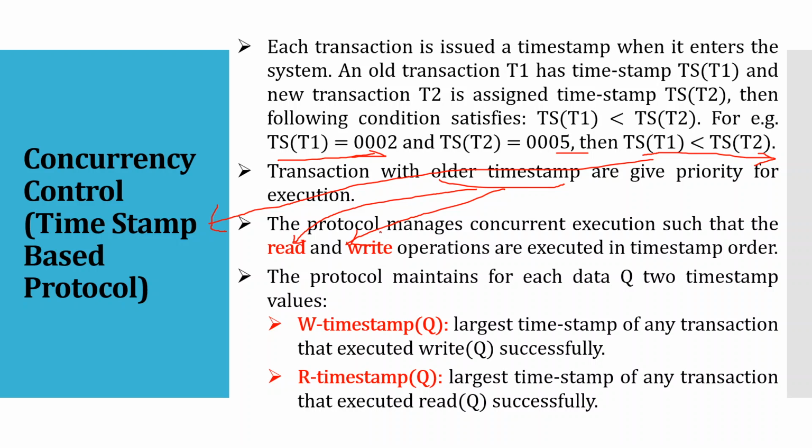It will have either a W timestamp or an R timestamp. The W timestamp is the timestamp given to a transaction for writing a particular data item, and the R timestamp is the largest time given to a transaction for reading a particular data item, right?